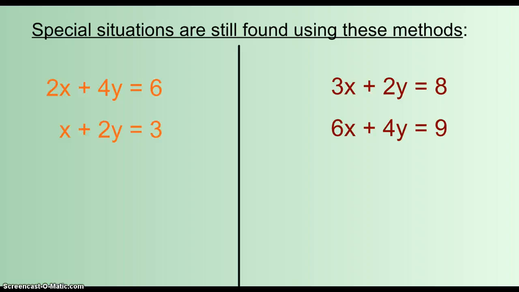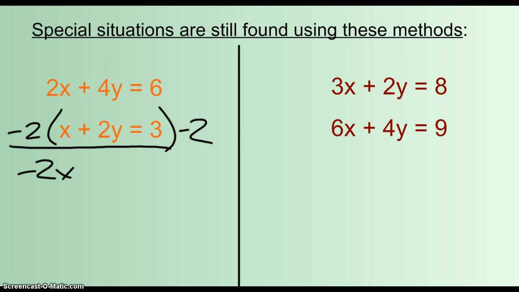So for instance, this one's already in a nice order for us here. Let's say we were trying to get rid of the x's. So I would multiply the bottom by -2, and I would get -2x minus 4y equals -6.